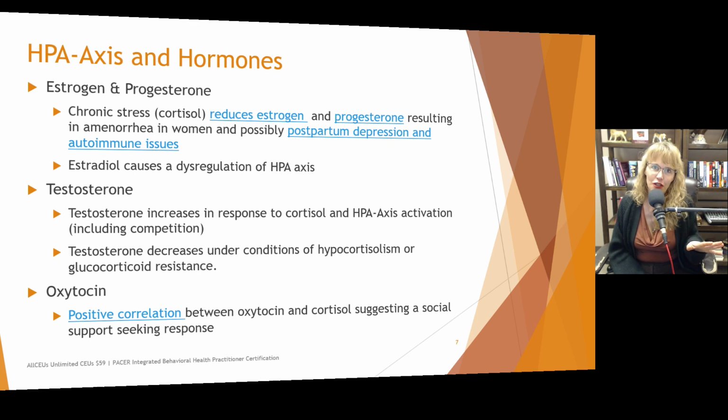Now, they don't know that for sure, obviously, but they have found that there is a positive correlation between oxytocin and cortisol. Oxytocin, remember, is our bonding hormone, and it's responsible for pro-social behaviors. So another hypothesis is that when we're under stress, our pro-social behaviors kick in and help us protect ourselves and protect others.